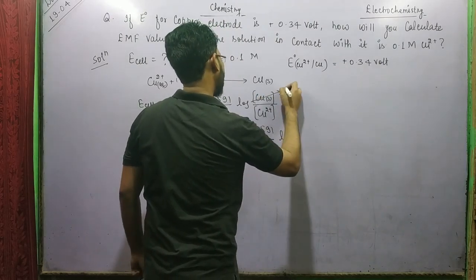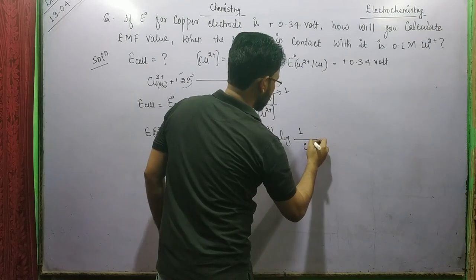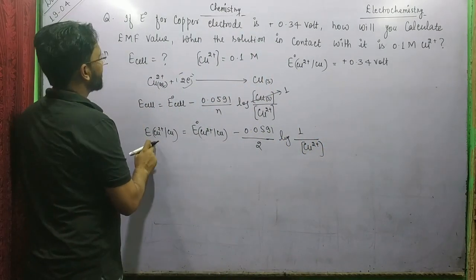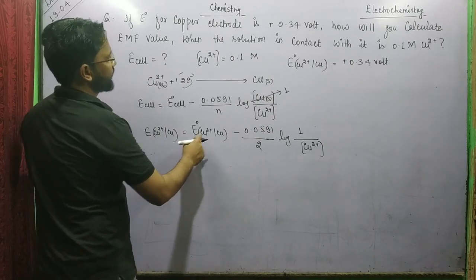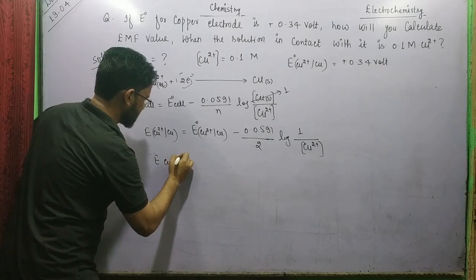The concentration of copper in solid form is taken as unity, so log 1 over Cu2+.